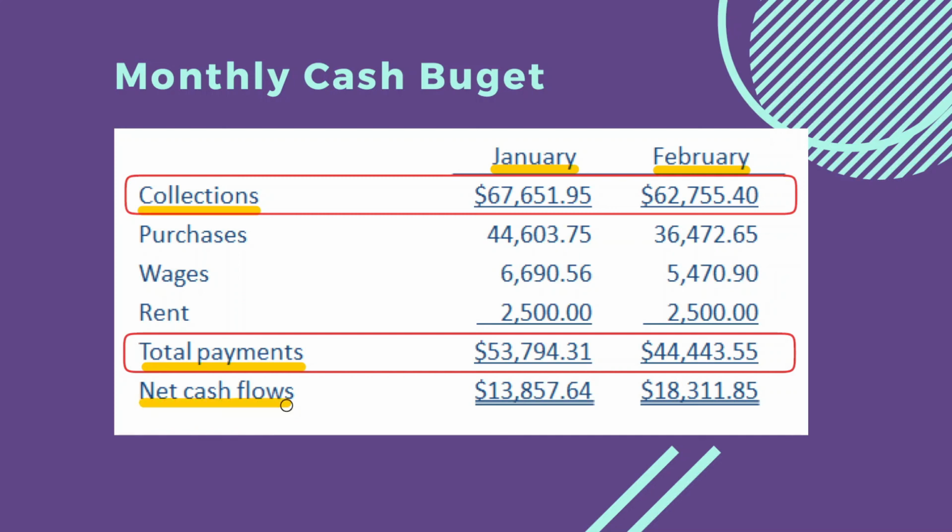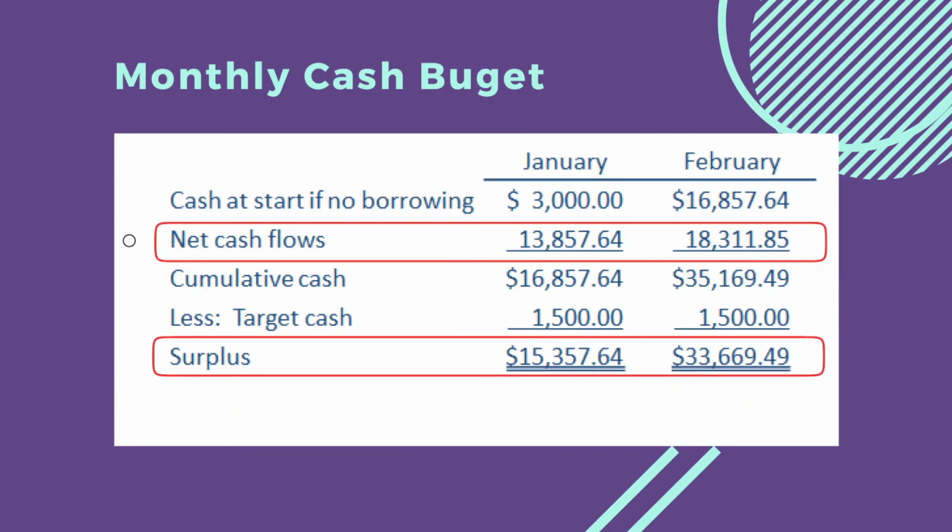In the second part of the monthly cash budget, we will incorporate the amount of cash that we have at the beginning of each month plus net cash flow. This is how much cash the firm has in January, $16,857. For some particular businesses, we might have some cash on reserve.